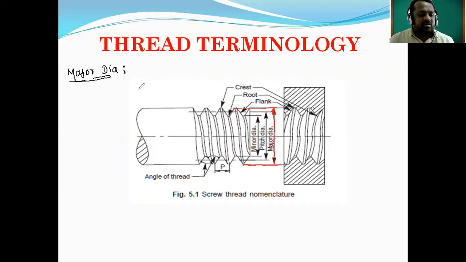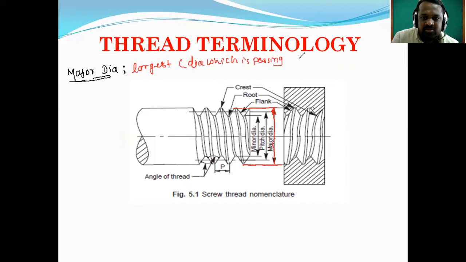And how can we write down the definition of the major diameter? The major diameter is the largest diameter. It is correct. Or we can say it is the diameter which is passing through the crest.